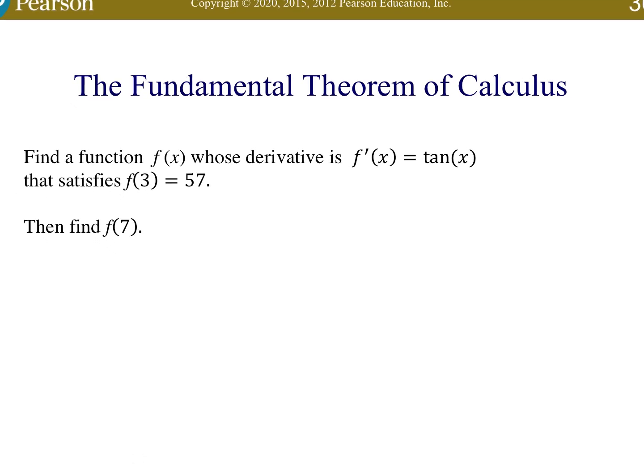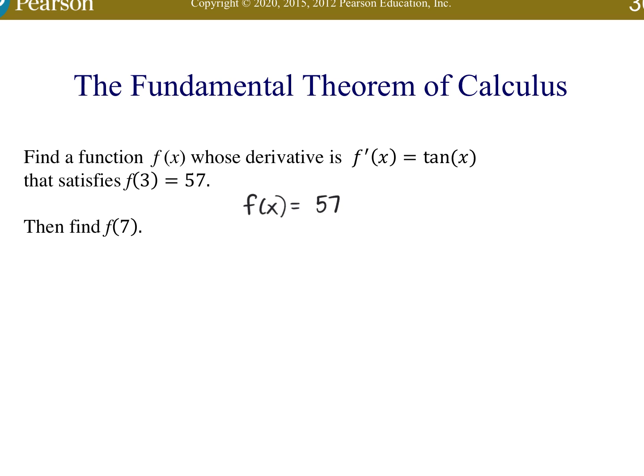Find the function f of x, whose derivative is the tangent of x, and satisfying the given condition of f of 3 being 57. So let's start with that first. Let's find f of x. f of x is going to start with a value of 57. This is good. This is like me telling you where its y-intercept is going to be, right?